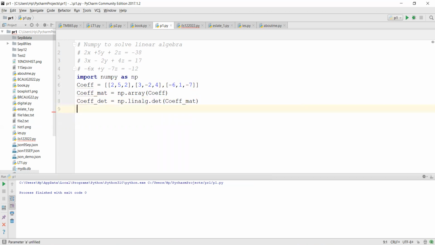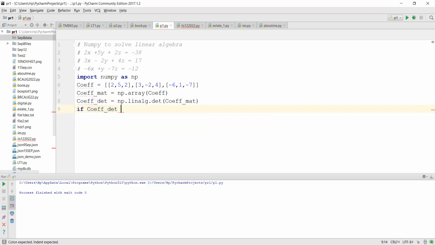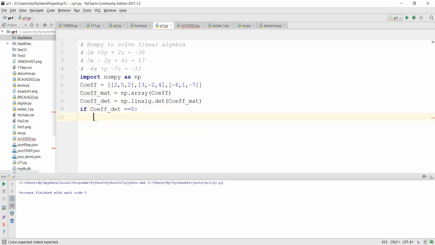If coefficient det equals 0, then you say print there are no possible solutions for the given equations.